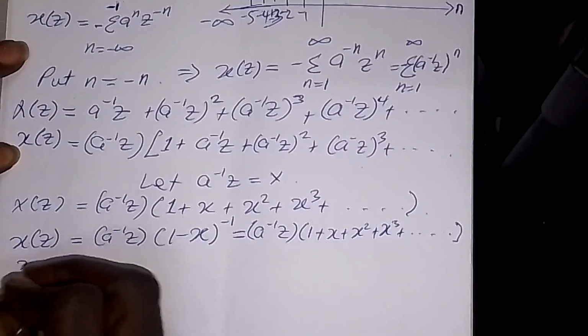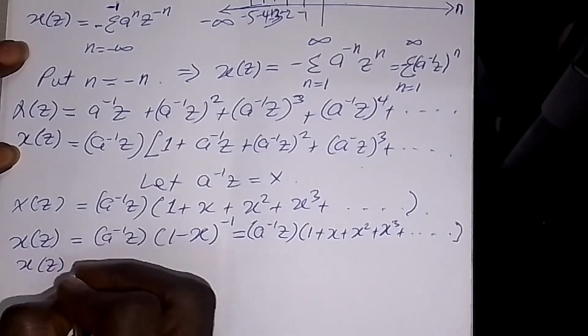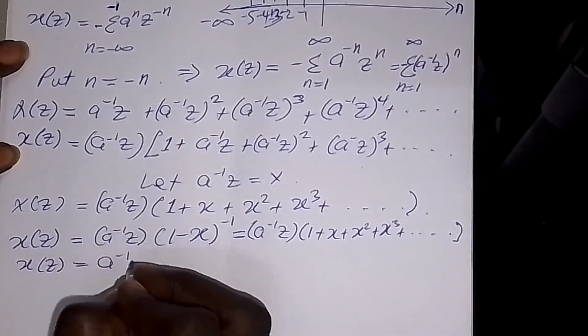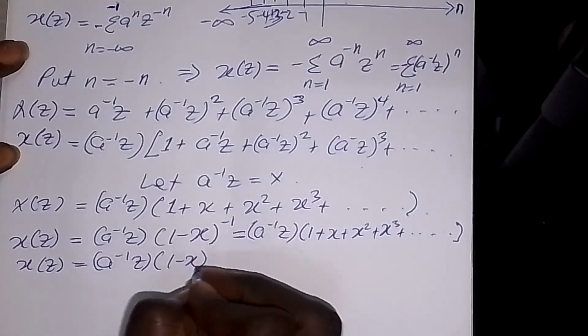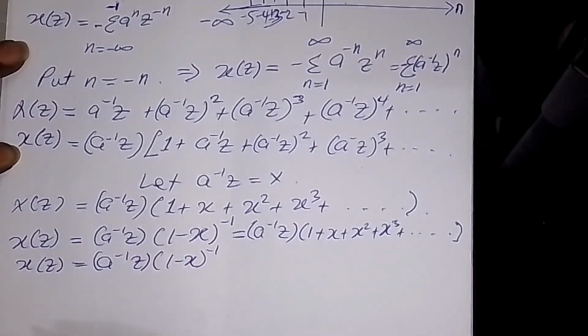Now let me say that the z transform is equal to a exponent minus 1 z into 1 minus x to the power minus 1. That's my z transform.